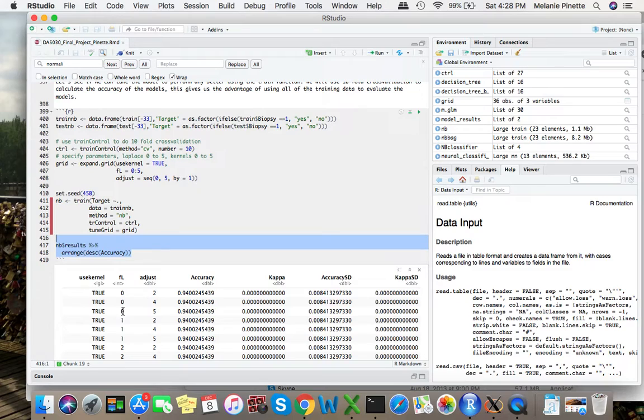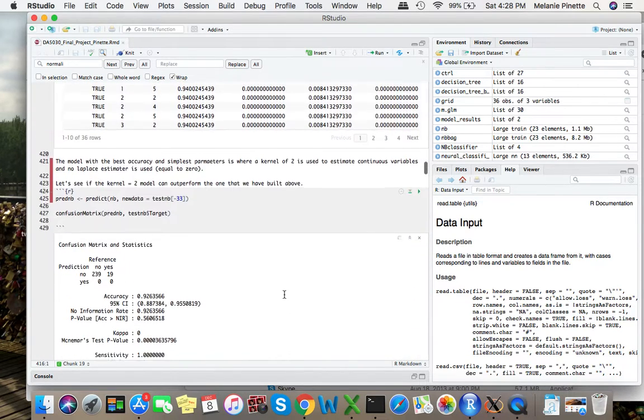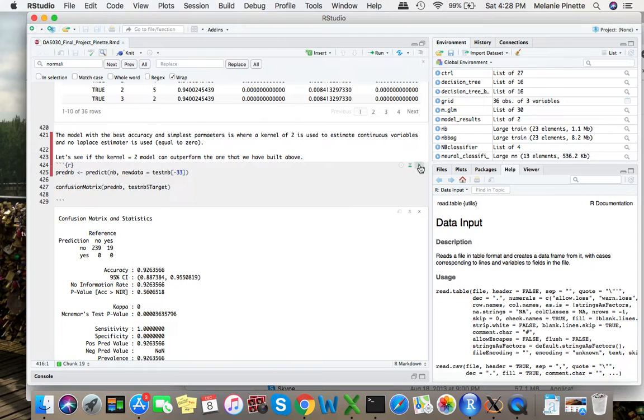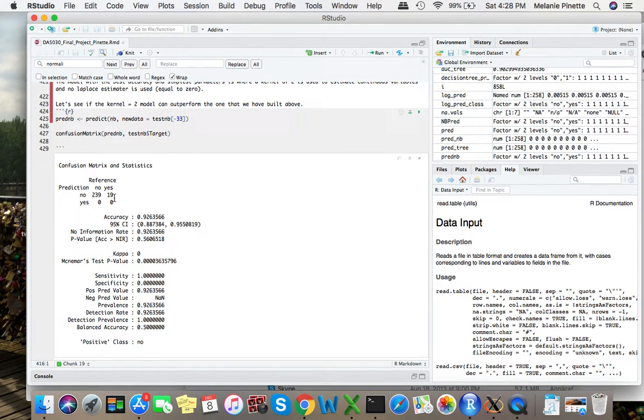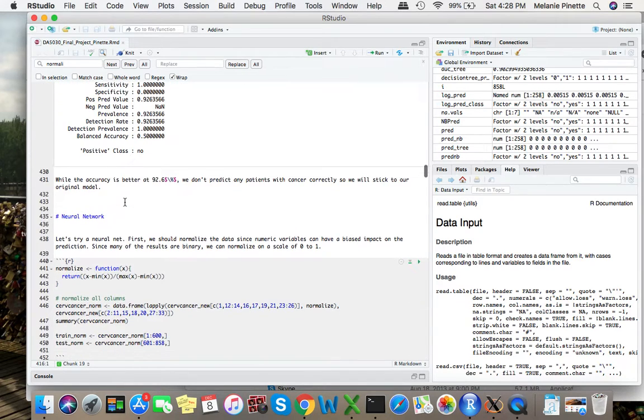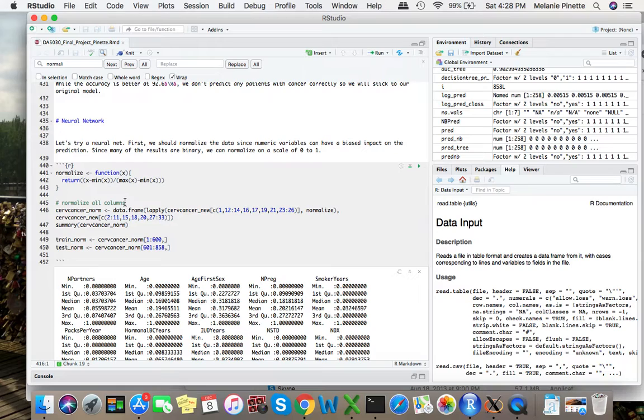Yep, there we go. Laplace estimator equals 0 and kernel equals 2 were the best in terms of accuracy. And we'll test whether or not the predictions were better. And it looks like we didn't really predict any of the cancer patients well. So we'll move on and use our original naive Bayes that we predicted earlier.